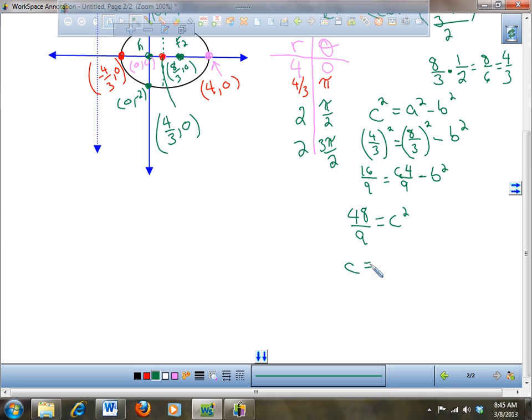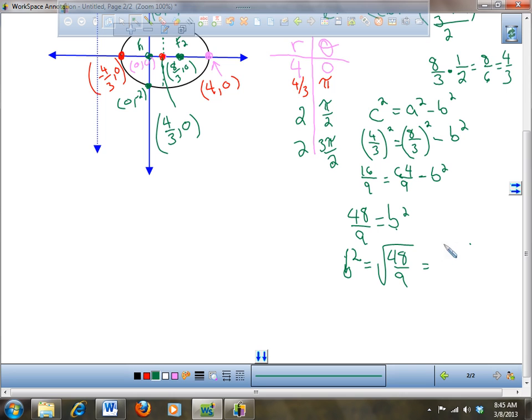So B is equal to the square root. B squared, sorry. I really studied this last night because I didn't want to mess up too much. This is one of the things I always dread because kids have a hard time with it. So B squared is 48 over 9, which I can pull out a 16 out of here.